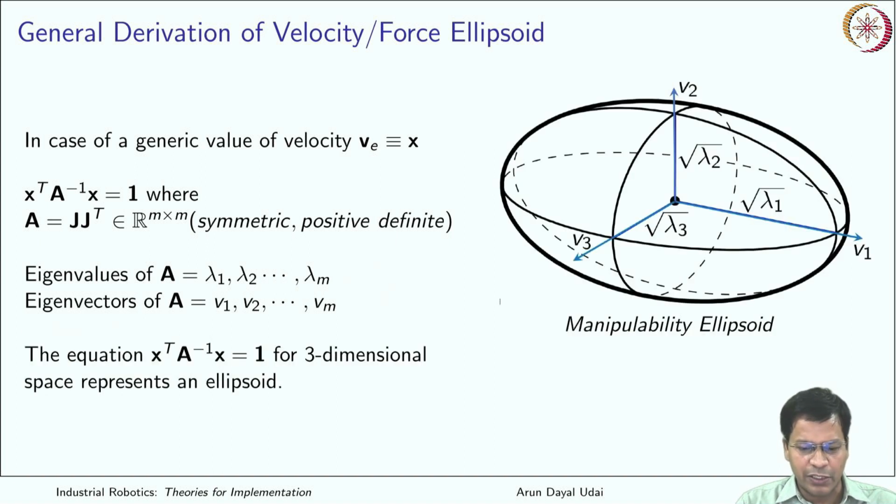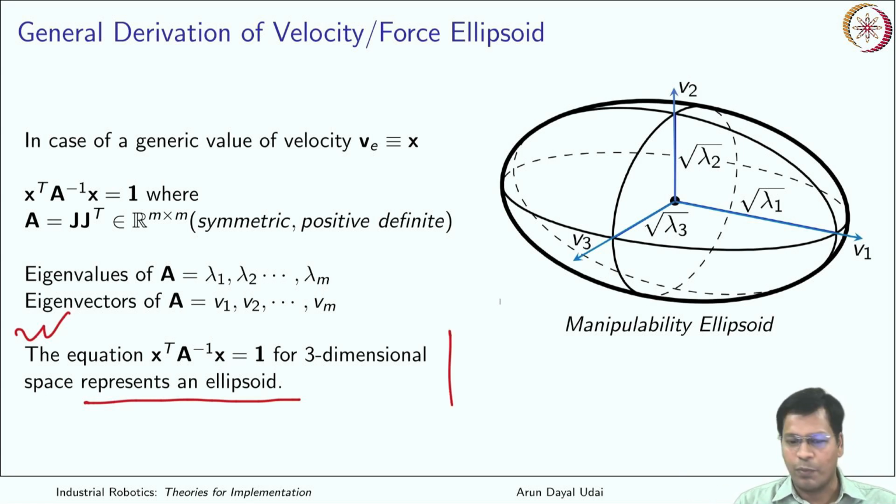Effectively this equation represents a three-dimensional ellipsoid in space. If it is a 3-DOF robot, remember that if it is 2-DOF, it is an ellipse. For n degrees of freedom, it is analogous to that, extended to n-dimensional space.